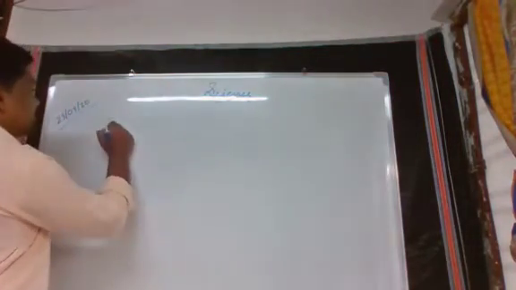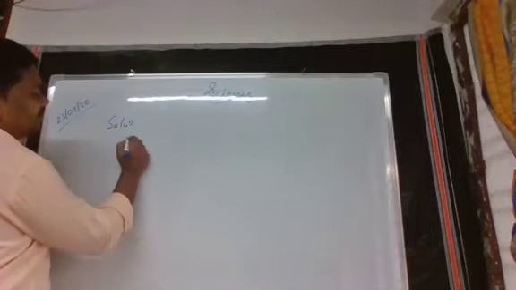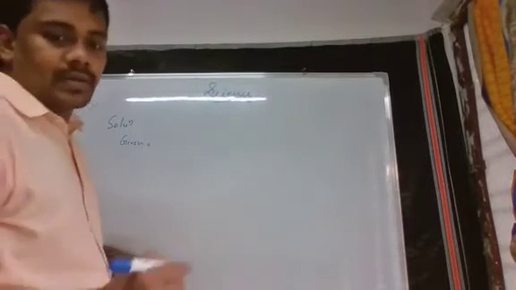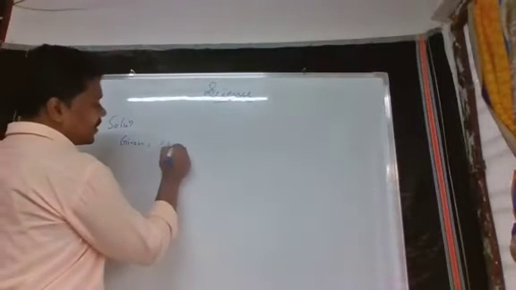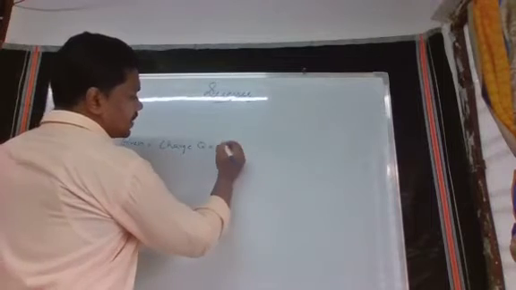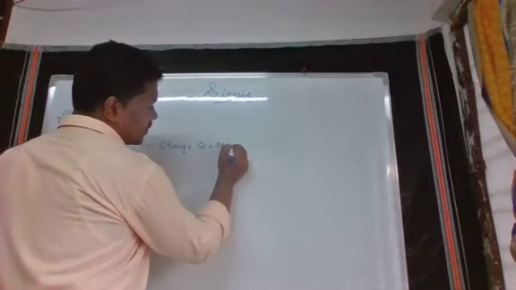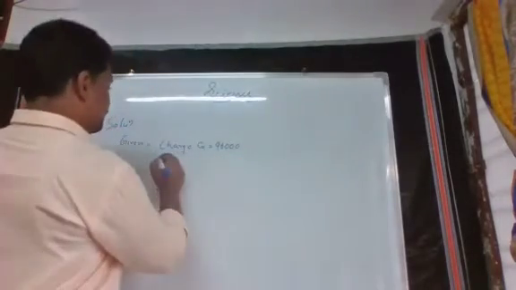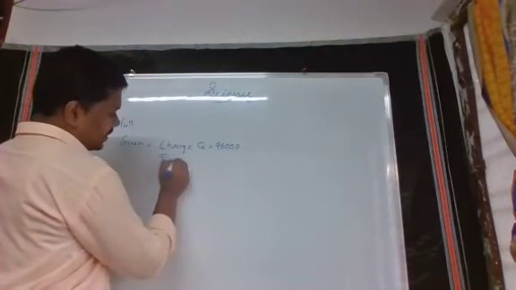While doing a solution, we have to write the given things. What are given? Charge Q is equal to 96,000 coulomb. Time T is equal to 1 hour.